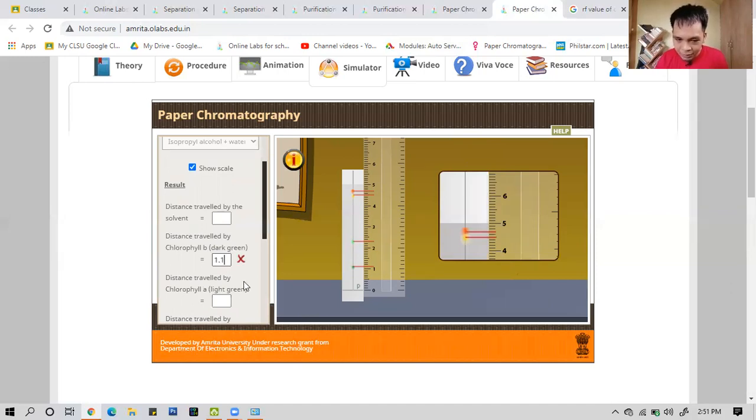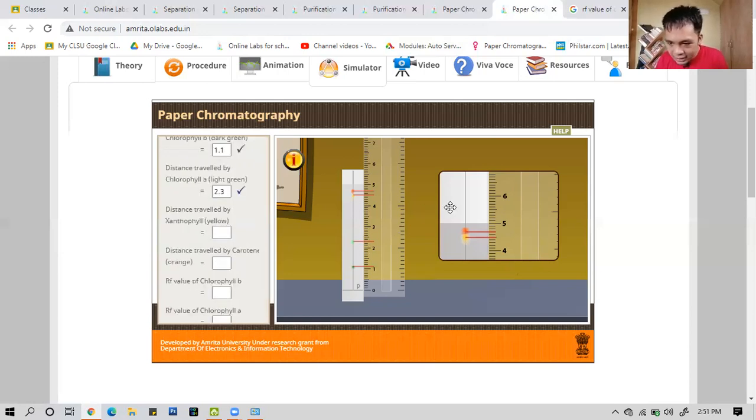Sa may light green naman natin, guys, ilan daw siya? That is 2.3. And then sa ating orange or the beta-carotene here is 4.7. And then for the yellow is 4.5.